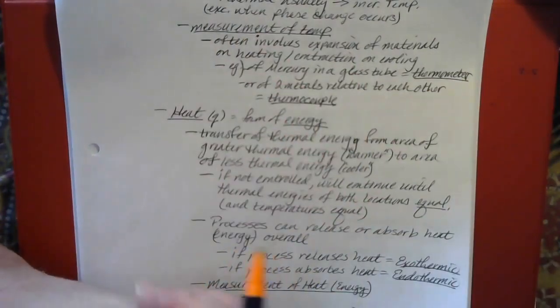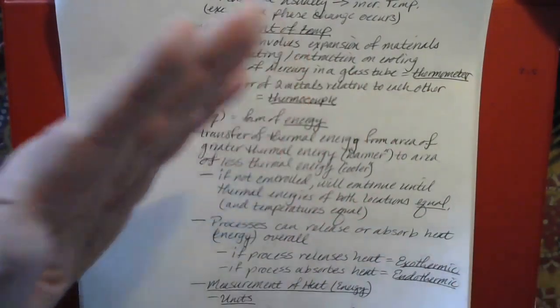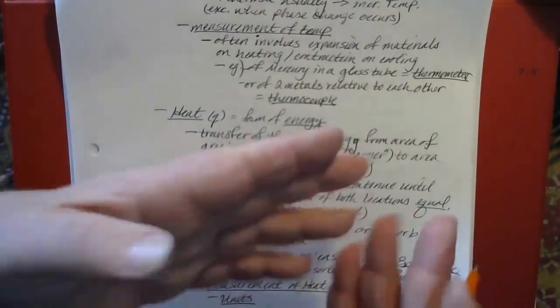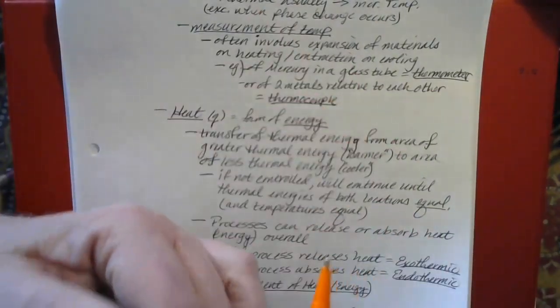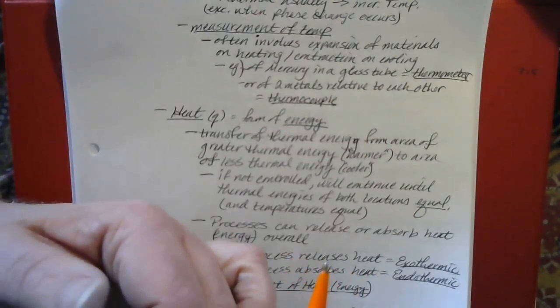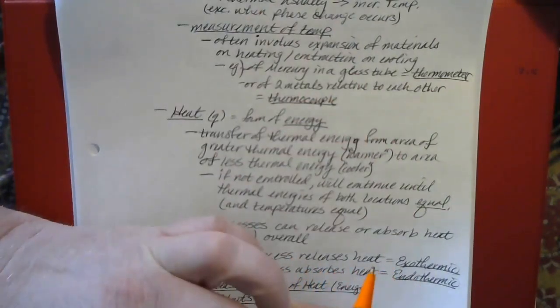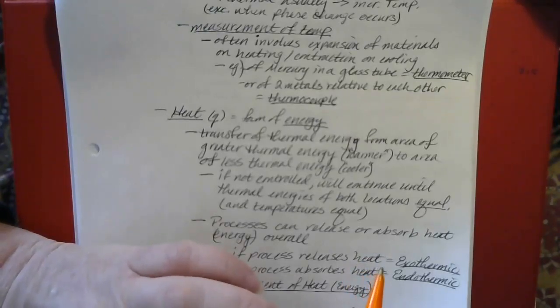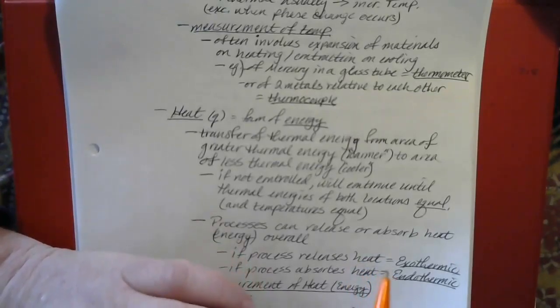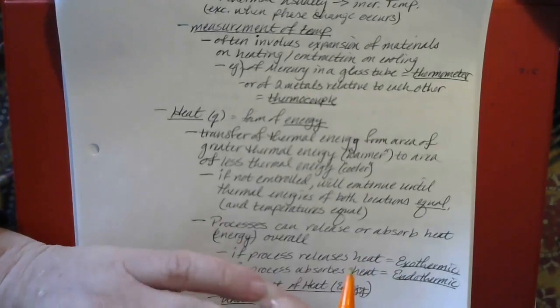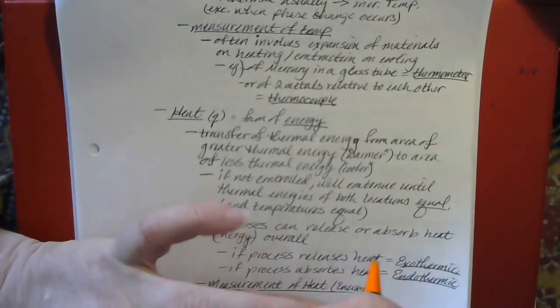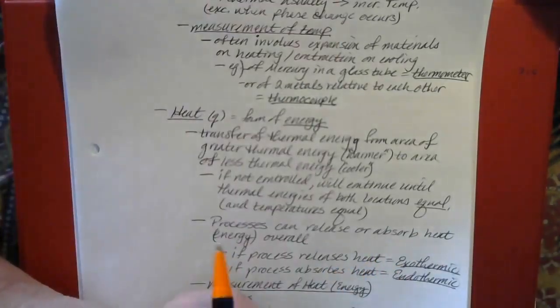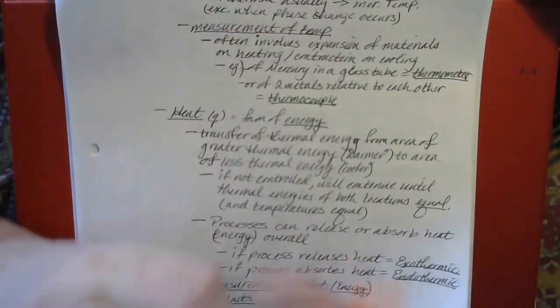Some substances expand a lot when they get warmer and contract a lot when they get colder, like, for instance, gases. Gases have huge changes in volume with even small changes in temperature. On the other hand, some things only expand a little bit when they warm up and only contract a little bit when they get colder. For instance, most solids, and liquids would be somewhere in between.